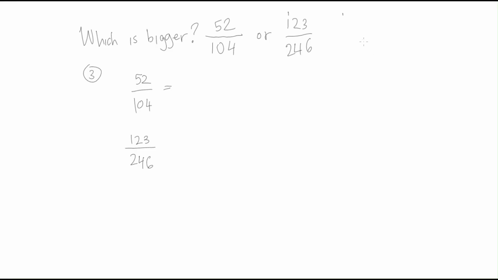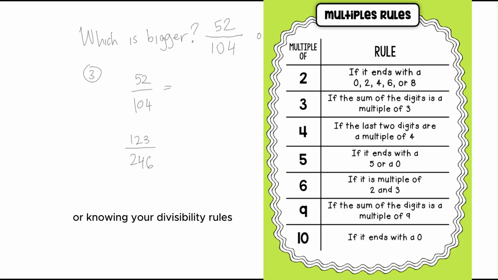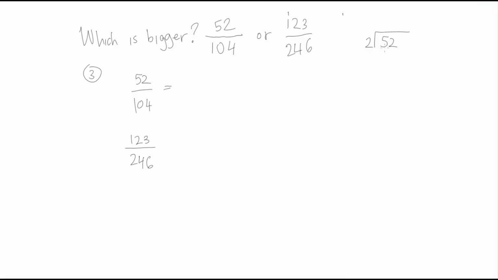You can do trial and error with the basic numbers 2 and 3, but we can validate that by dividing both the numerator and the denominator by 2. So 52 divided by 2 is 26.